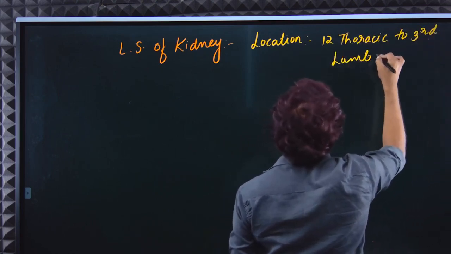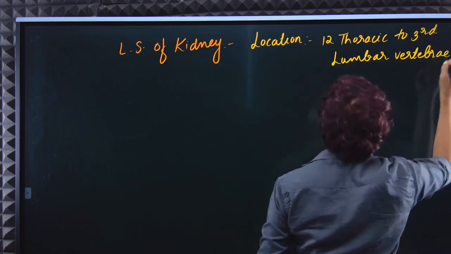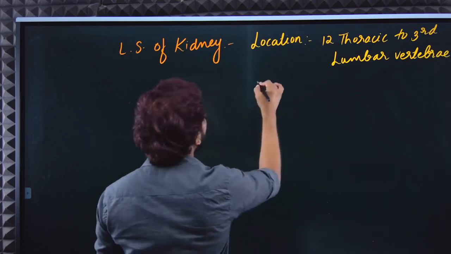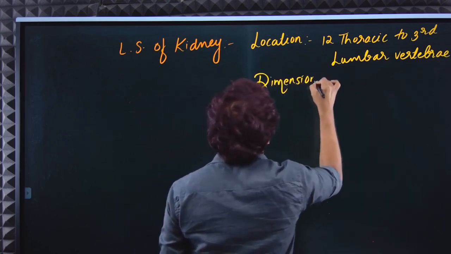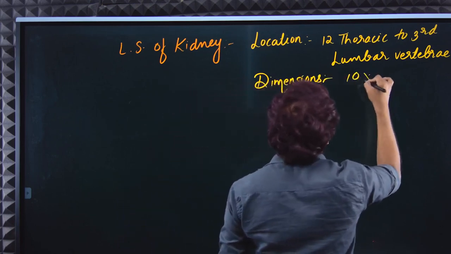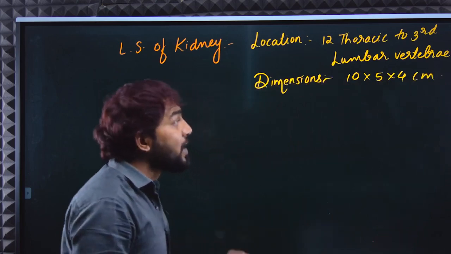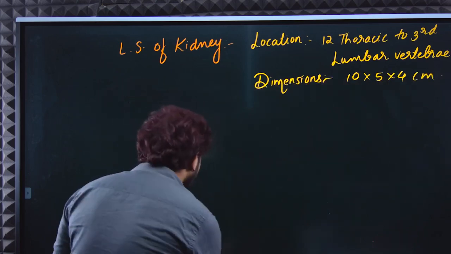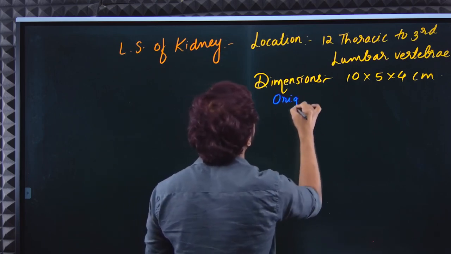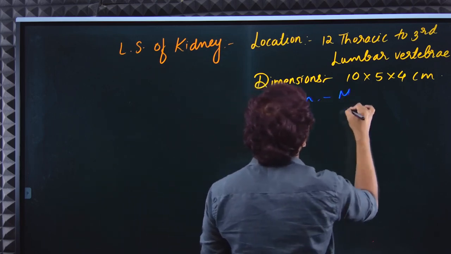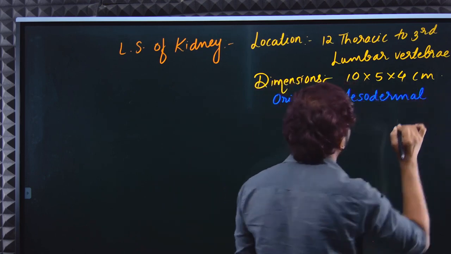When it comes to the dimensions of the kidneys, we can say that it is 10 by 5 by 4 centimeter. When it comes to the origin of kidneys, kidneys are mesodermal in origin.